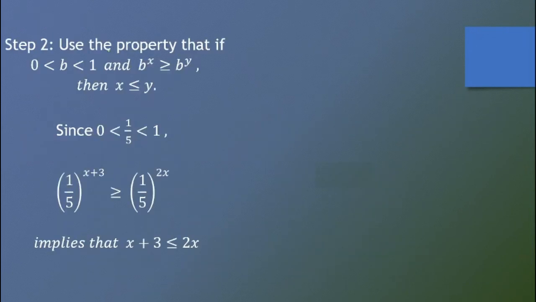So, dito, dahil yung ating base is fraction, ayan, so kailangan nating baliktarin ang given symbol. So, dahil greater than or equal to, ang gagawin na lang natin is babaliktarin natin siya. Magiging less than or equal.